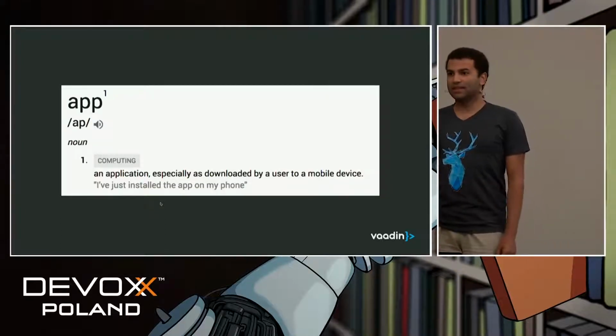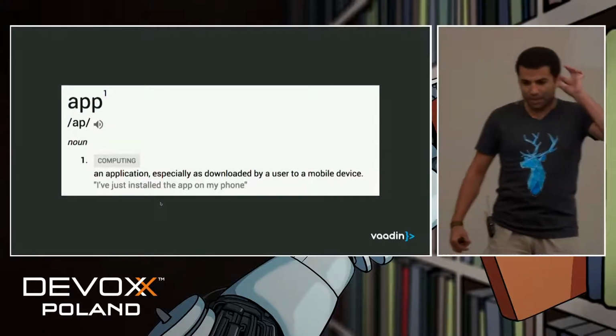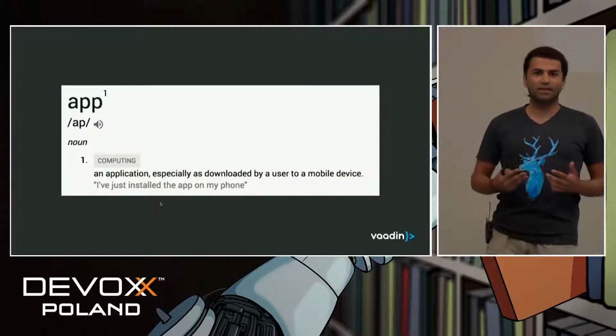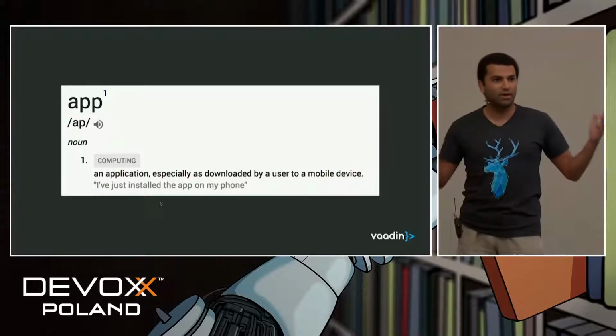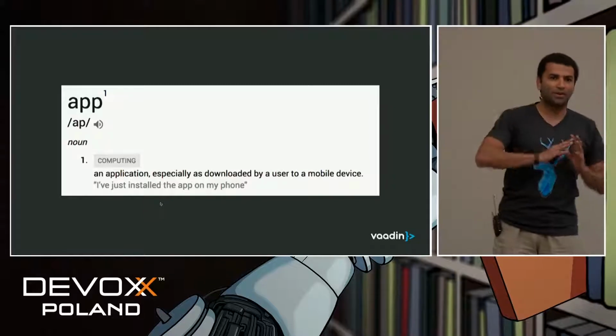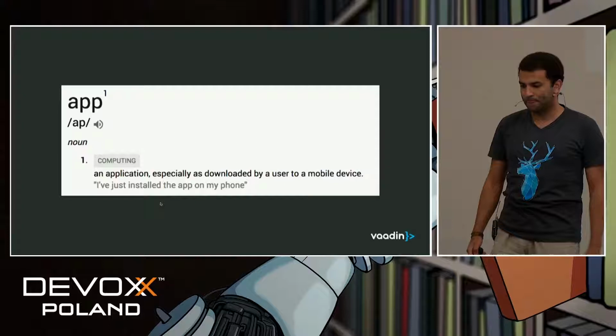The word app is really very, very old, and it has been used by many people, but people started to use it on a daily basis approximately at the same time when Steve Jobs announced apps for iPhone. So this is when the word app started to be a hype and everyone started to use it.